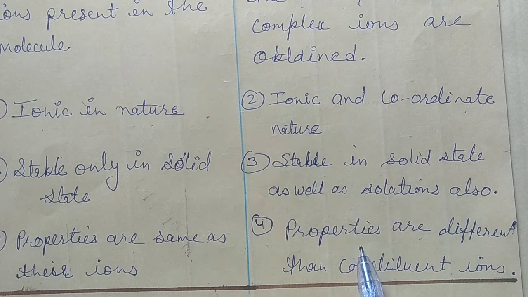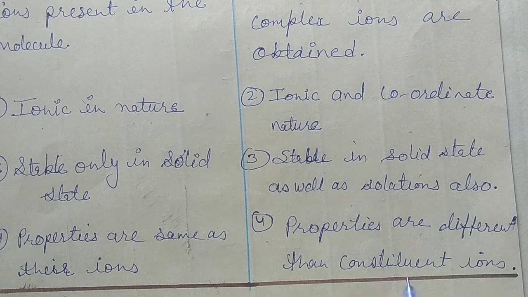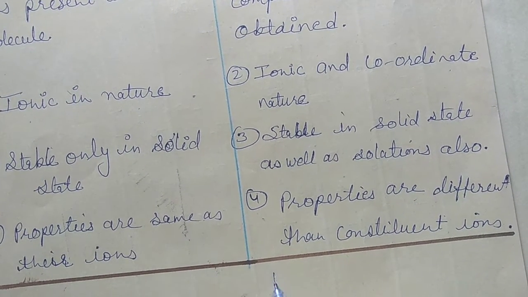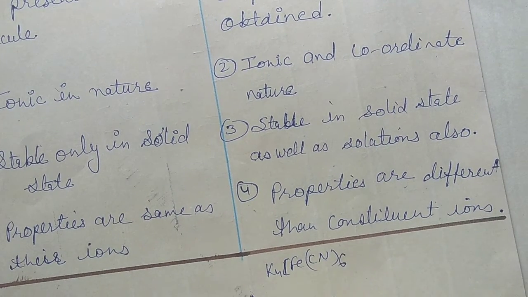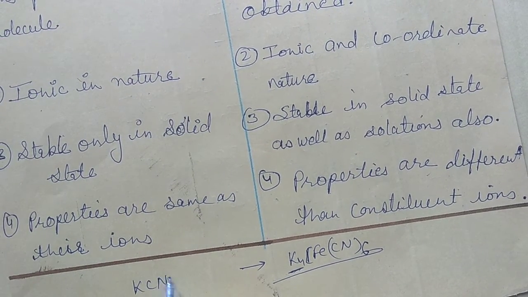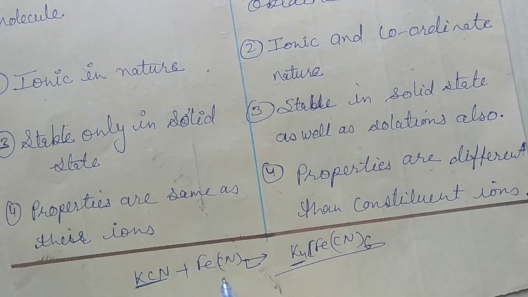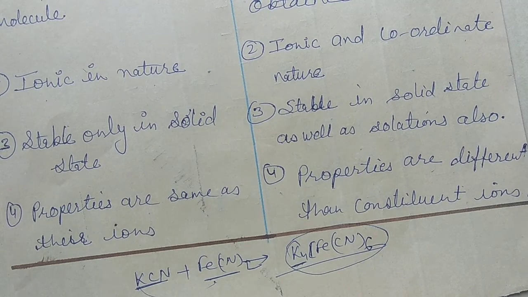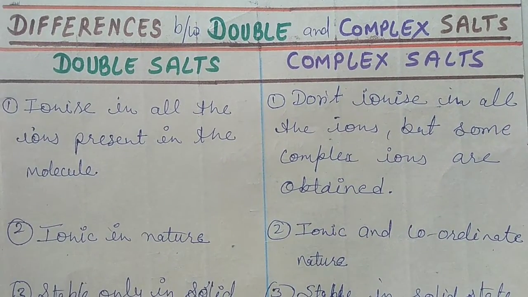But in complex compounds, the properties are completely different from the constituent salts, just like in K4[Fe(CN)6]. We have potassium ions here, but it is formed by KCN and Fe(CN)2. The properties of KCN and Fe(CN)2 are very different from K4[Fe(CN)6]. This is the difference between double salts and complex salts.